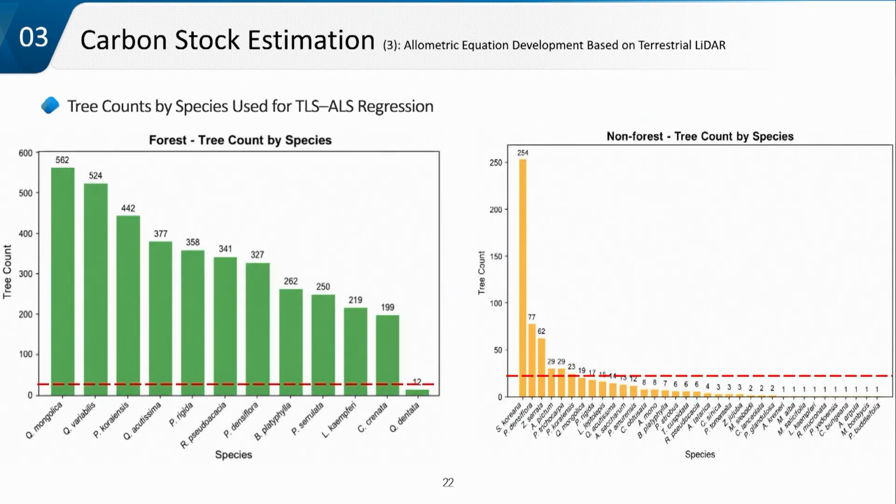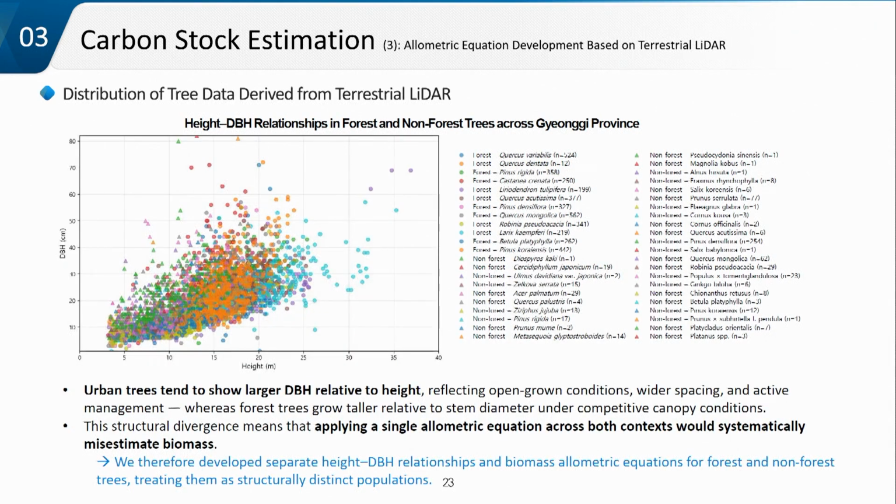And we kept many individual trees considering the species variation in this region. If you see the height and DBH relationship, the distribution of the circles is different from the triangles, meaning that the forest and non-forest trees should be separated.